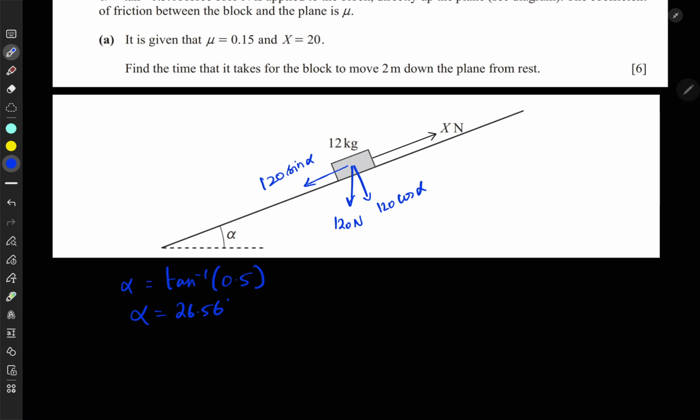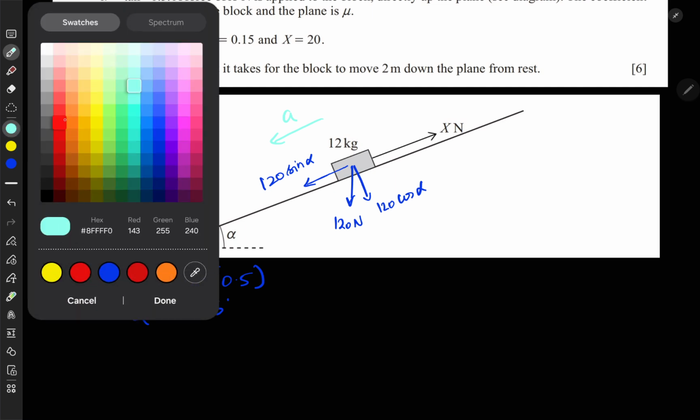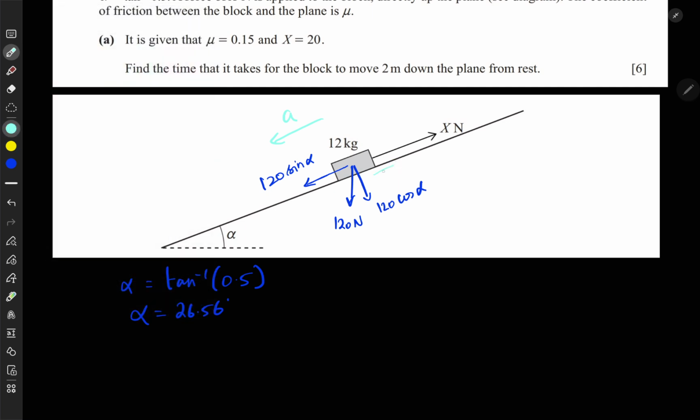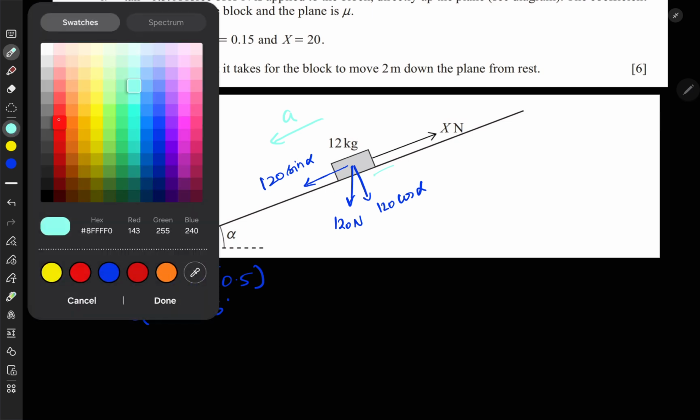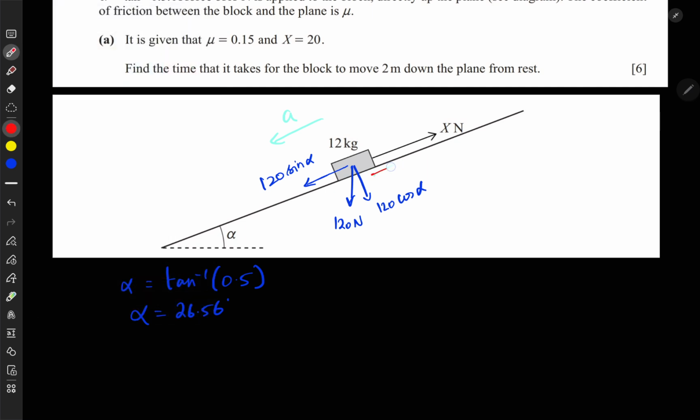Now the block is accelerating down the plane, so the friction will be acting in the opposite direction, up the plane. I am assuming Fr for friction.